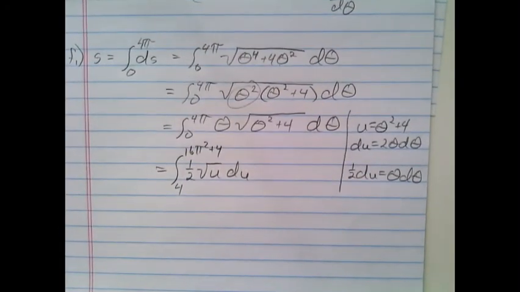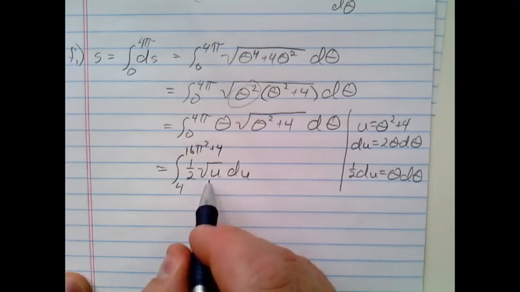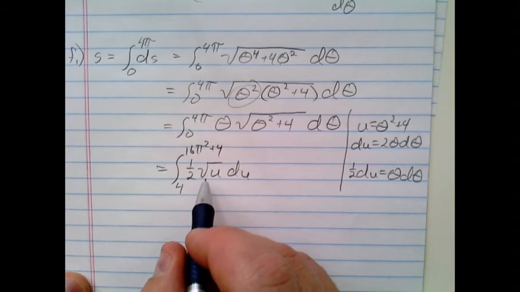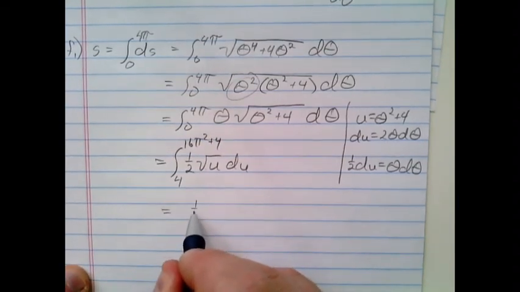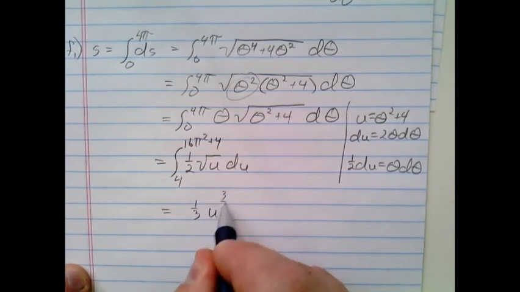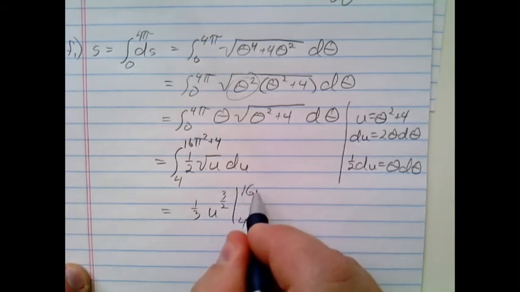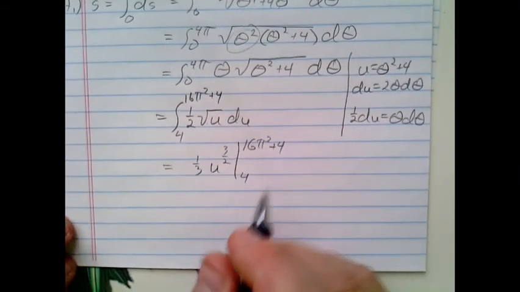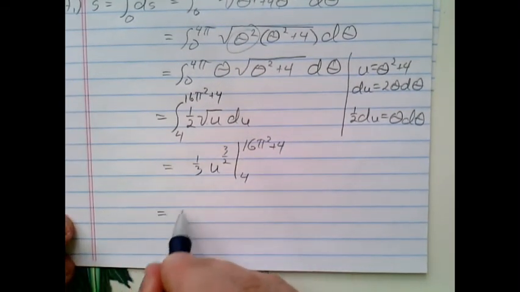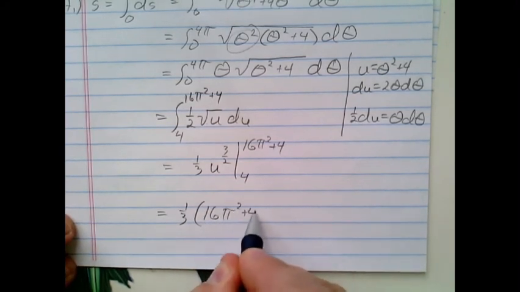Alright, that's fairly easy to integrate. The u to the 1/2 becomes u to the 3/2, and I multiply by 2/3. So 1/2 times 2/3 is 1/3, 1/3 u to the 3/2 evaluated from 4 to 16 pi squared plus 4. Let's get a decimal for that. So that's going to be 1/3 times 16 pi squared plus 4, to the 3/2.